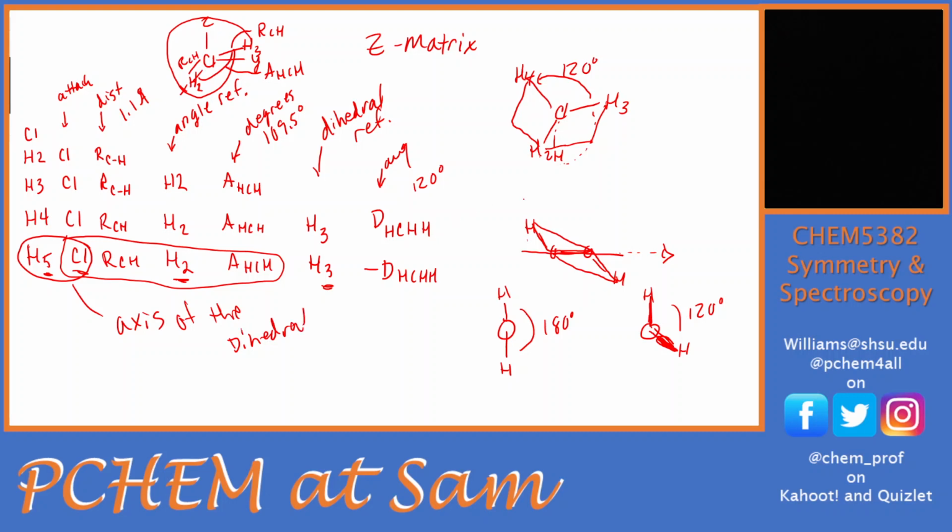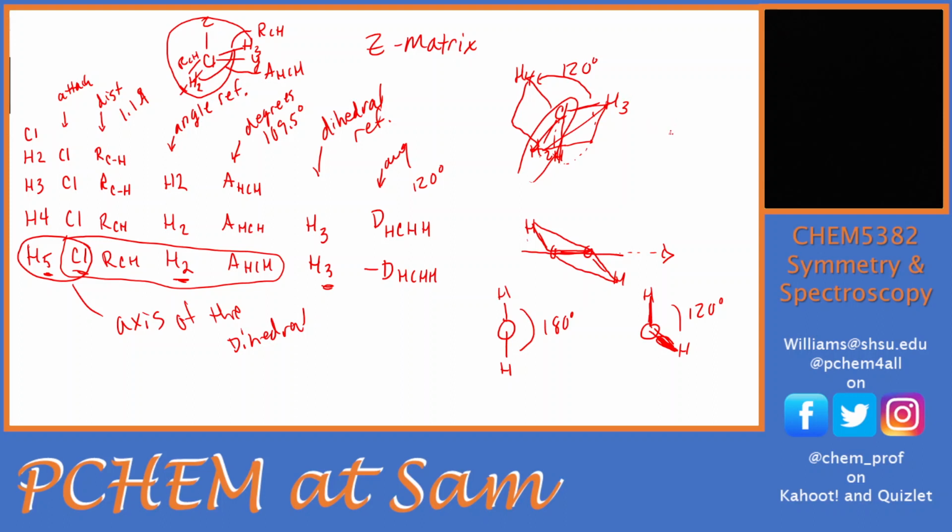In this particular case, the first two are the ones that define the axis. You see, this is the plane here, H2, C1, H3, and then the other one is H2, C1, H5. So that's the other angle.